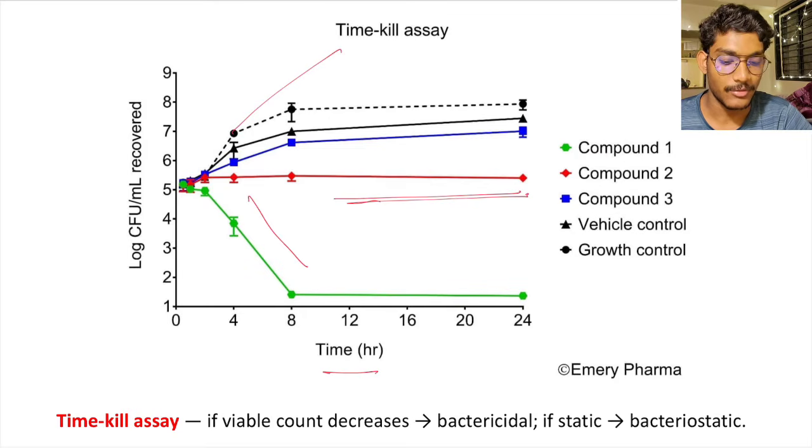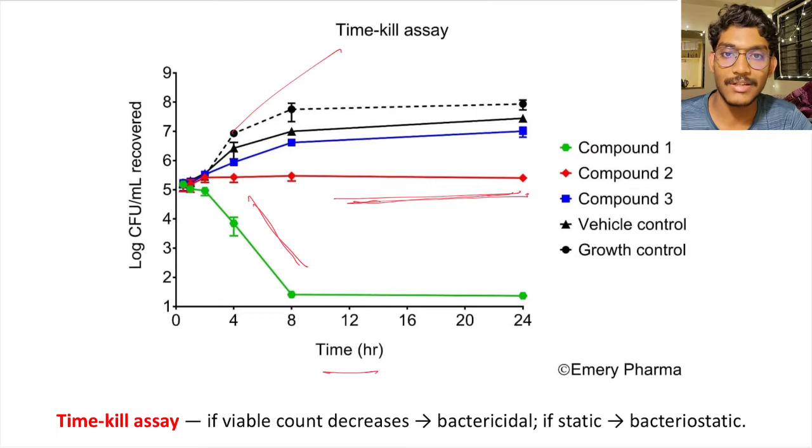Therefore, if with the time kill assay we get a straight line, this is a bacteriostatic drug, and if we get a sharply declining curve, then this will infer that the drug is a bactericidal drug. After determining this, we need to know the MIC and MBC values, that is the minimum inhibitory concentration and minimum bactericidal concentration. So what are those values?